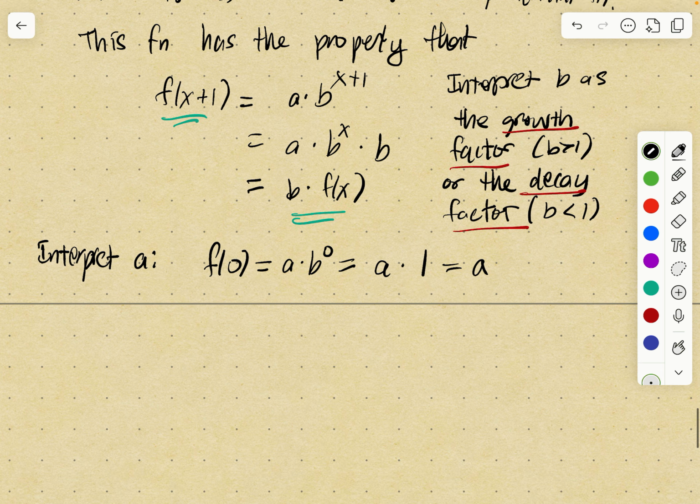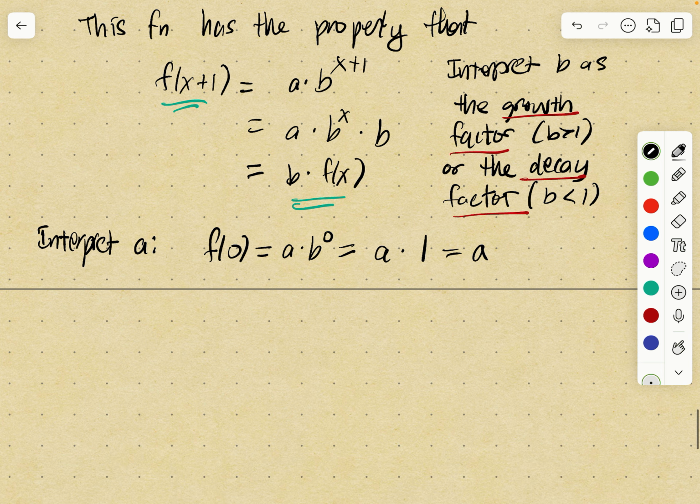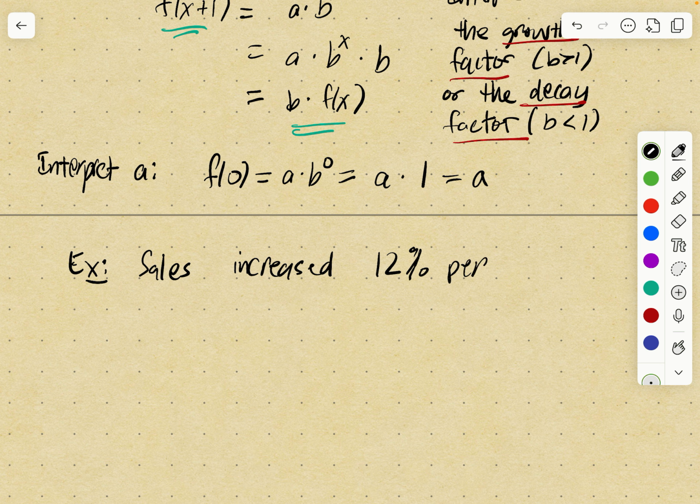So here's an example. Suppose that sales of something increased 12% per year since 2000.